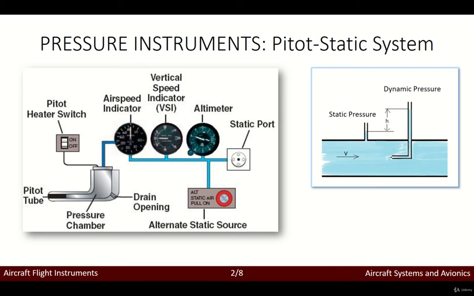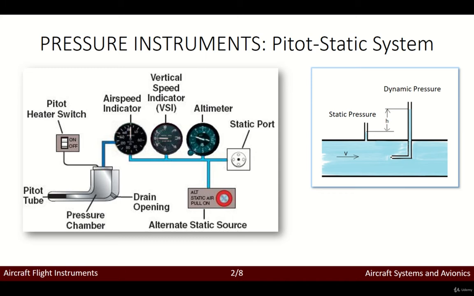Now, due to, for instance, the Venturi effect, or the fact that the air inside of the cockpit is sucked to the exterior of the cockpit due to the flow of air surrounding the cockpit, it actually happens that the alternate static source, which is located in the cockpit, might give values that are a bit different from the values that we would get from the static common port.